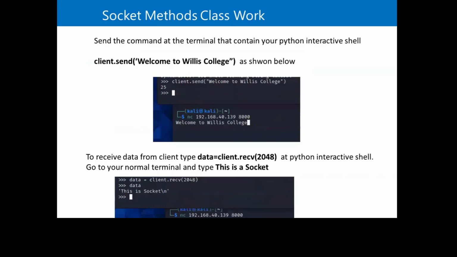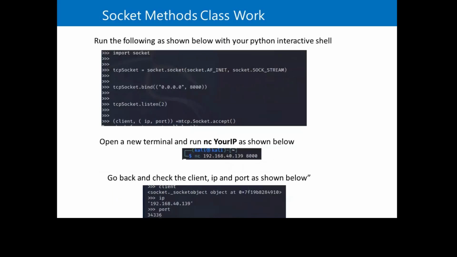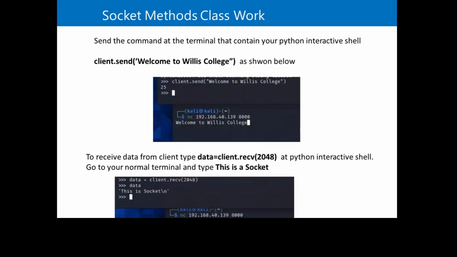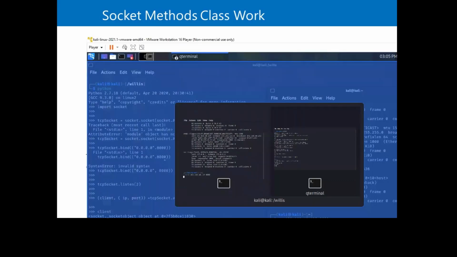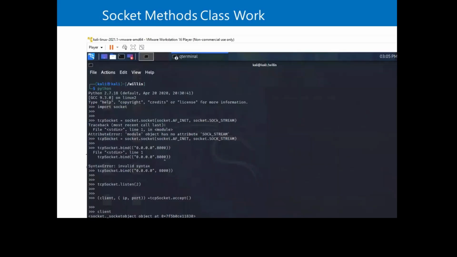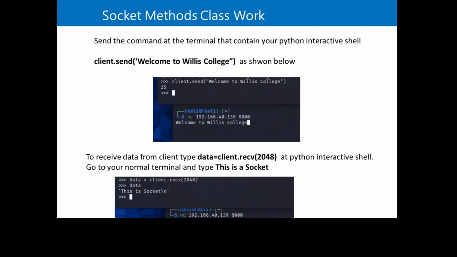So now let's do this from our machine. You can see that our machine is ready for instruction. From my explanation, I told you that you can use client.send to send information.